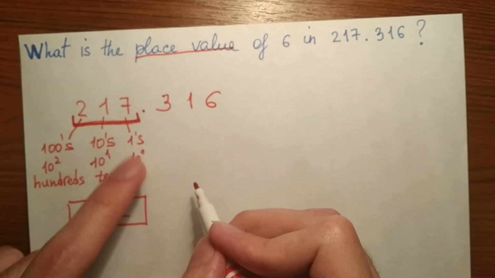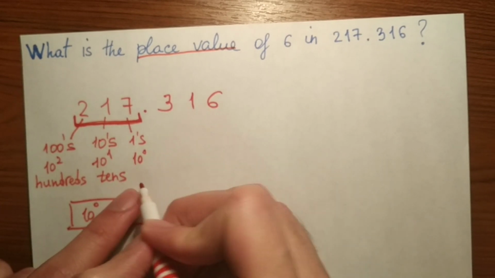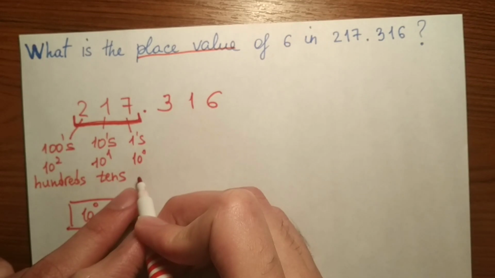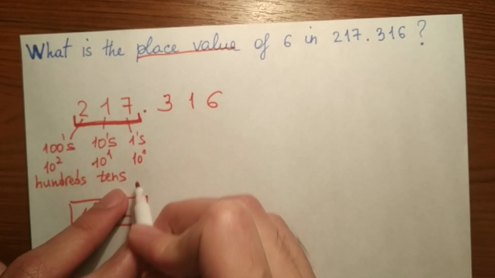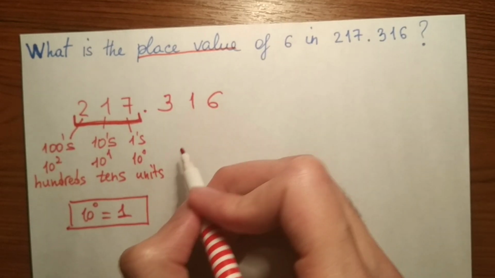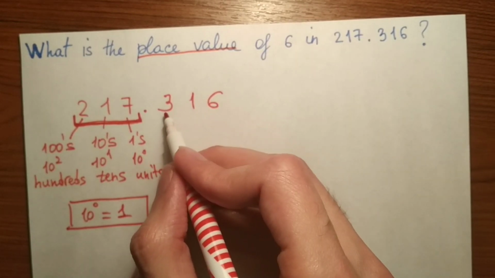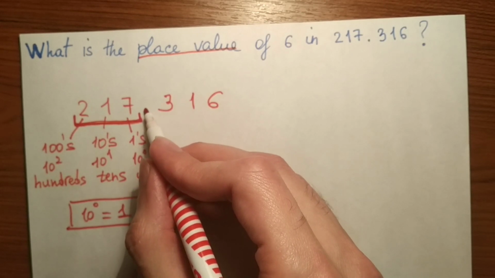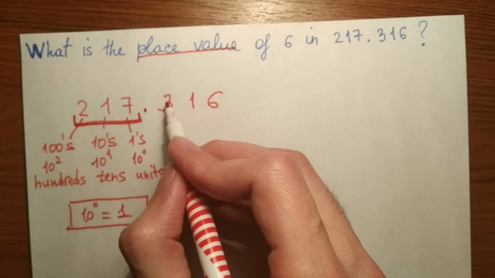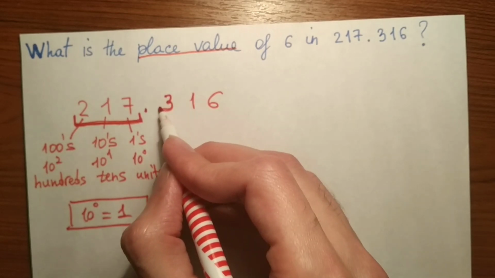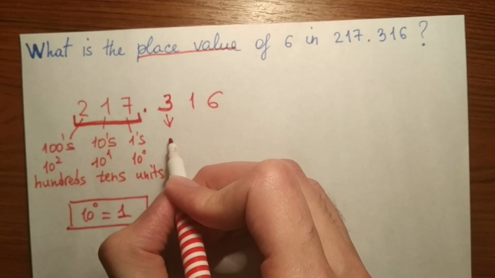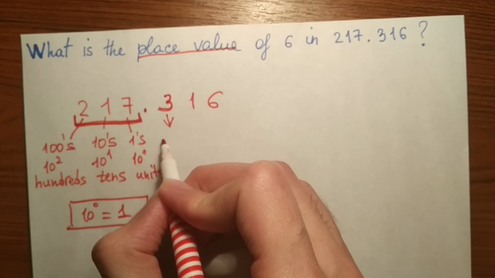And 10 to the 0, I couldn't write the name. I mean, how we call this, units. And when we go one place to the right from this point, one decimal place to the right, this one, I mean 3 here, represents tenths.